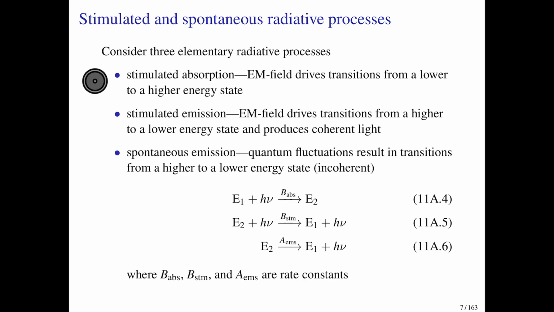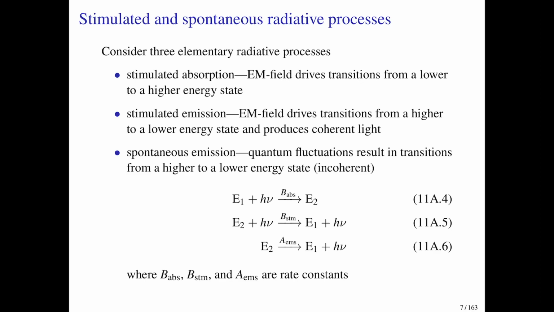Stimulated absorption is just regular absorption. What happens is an electromagnetic field drives a transition from a lower energy state to a higher energy state. Stimulated emission is essentially the opposite of that. You have an electromagnetic field that drives the state from a higher energy level to a lower energy level, and in the process, that produces another photon of light.